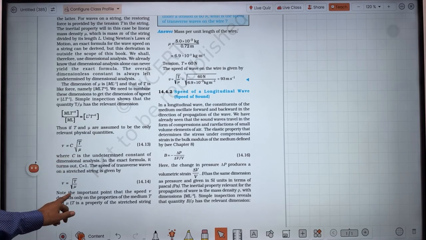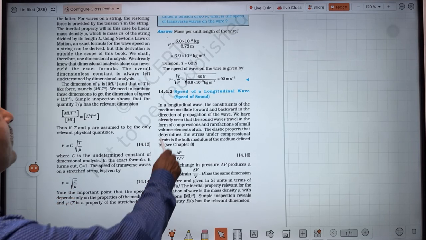So we get this relation. Final relation, we can write the speed of a transverse wave on a stretched string as v equal to root of T upon mu. So keep in mind while calculating the speed, this mu indicates mass per unit length. So you have to divide it. So the unit of mu will be kg per meter, right?